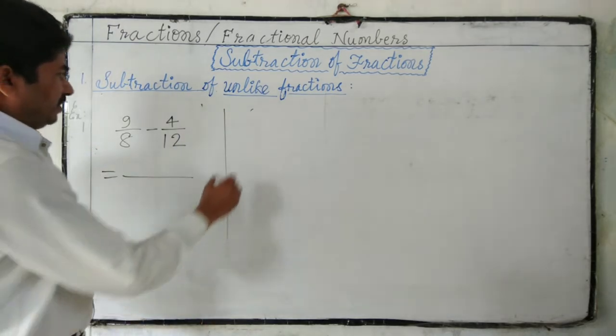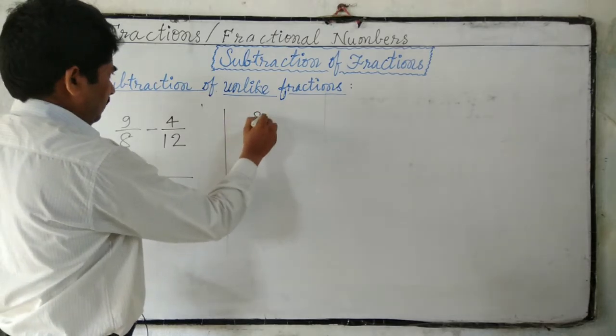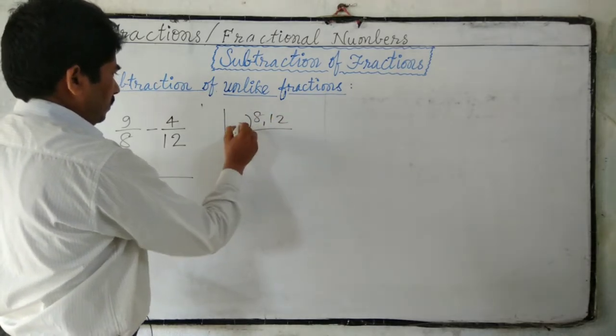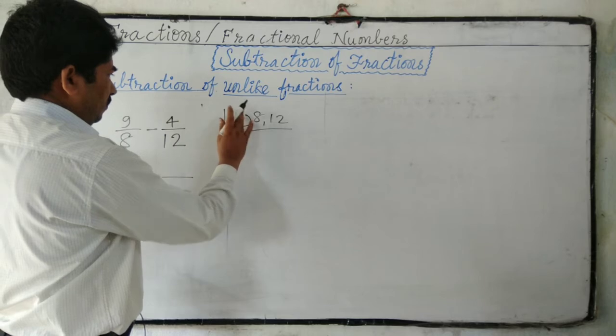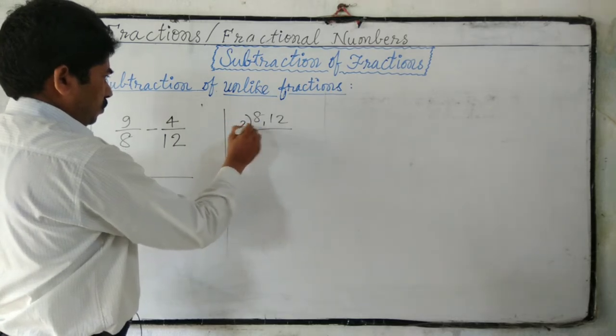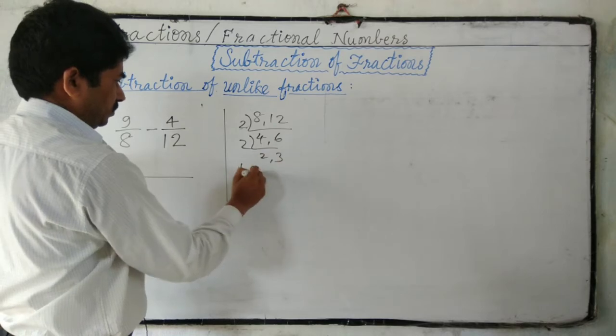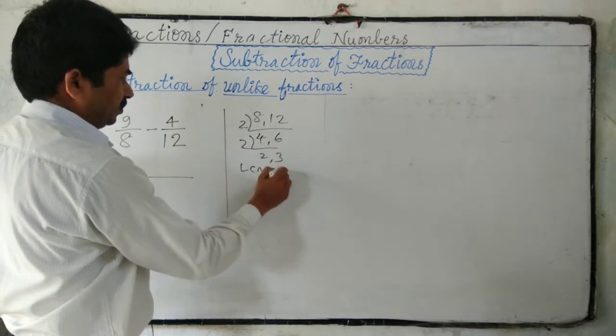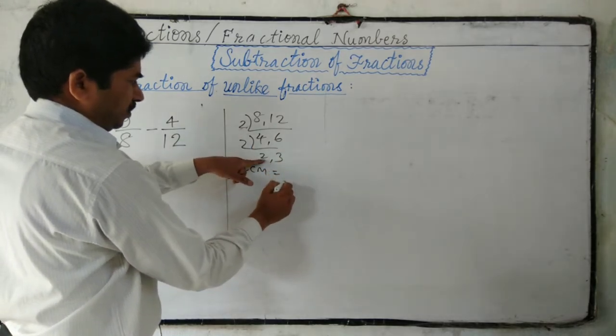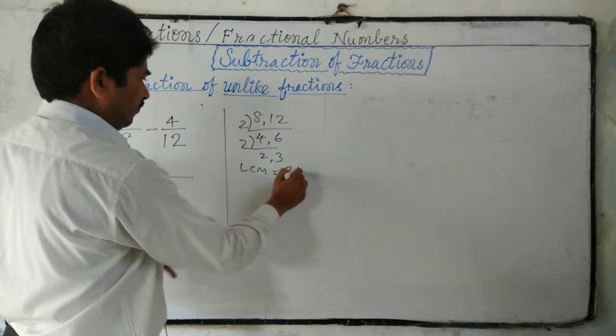Take the LCM of the denominators. 2 fours, 2 sixes, 2 twos, 2 threes. So the LCM of these numbers is 2 twos are 4, 4 twos are 8, 8 threes are 24.